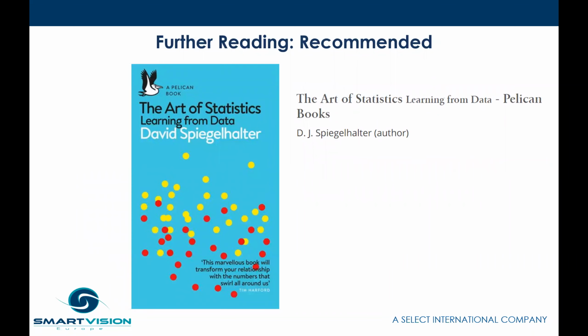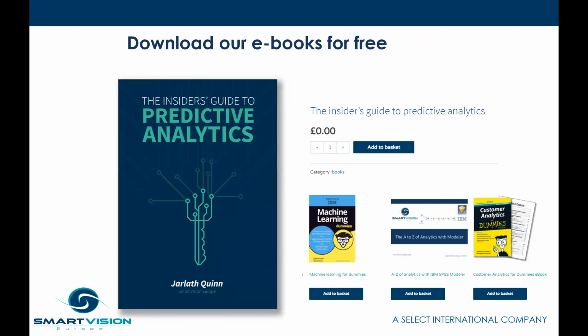Another really good book to bear in mind is David Spiegelhalter's The Art of Statistics, which takes people from first principles, just looking at averages, and very gently takes them through a lot of the concepts we've been talking about today in the last hour. We've also got our own books and materials that you can download for free on our website. So do check that out if you're interested.